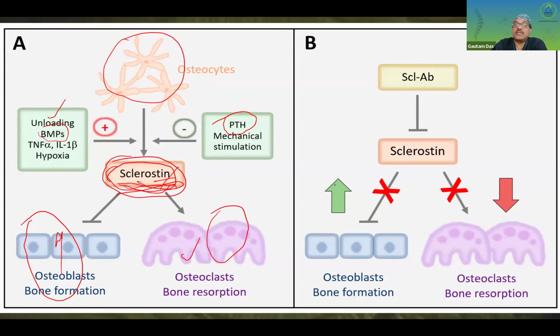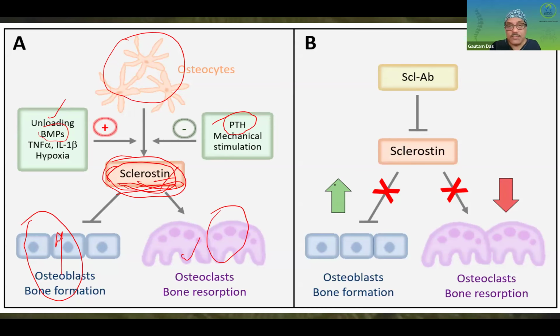Whereas if parathyroid is given continuously, as happens physiologically, our body continuously secretes low doses of parathyroid to maintain serum calcium level. Then the opposite thing will happen. The RANKL level will be increased by the parathyroid, as you have seen on the earlier slide. So parathyroid has a dual action.